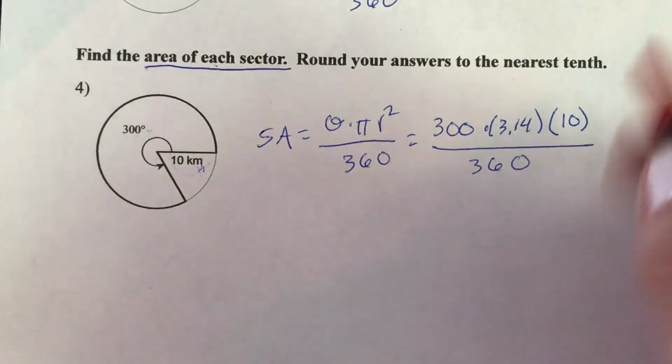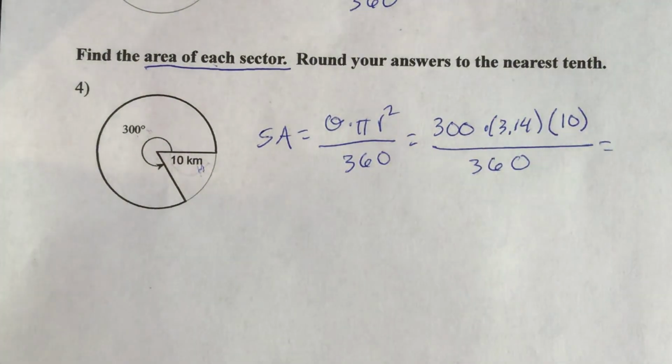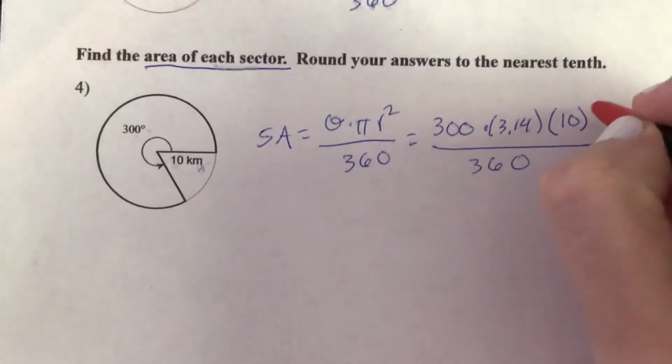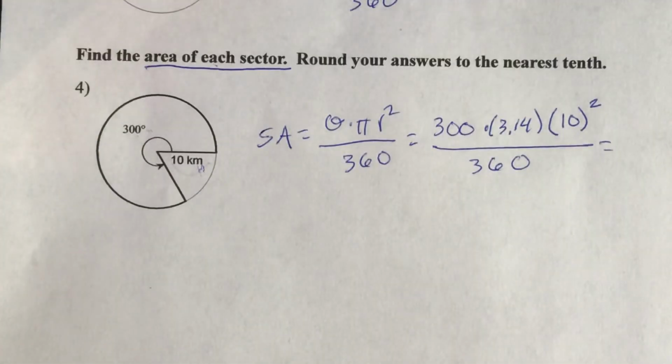Okay, but I'm going to put this whole thing in my calculator. So I'm going to do 300 times 3.14 times 10, and then it's 10 squared, sorry, so I should have put a little squared symbol there, my bad. And then we're going to multiply by 10 one more time just because it's 10 squared.